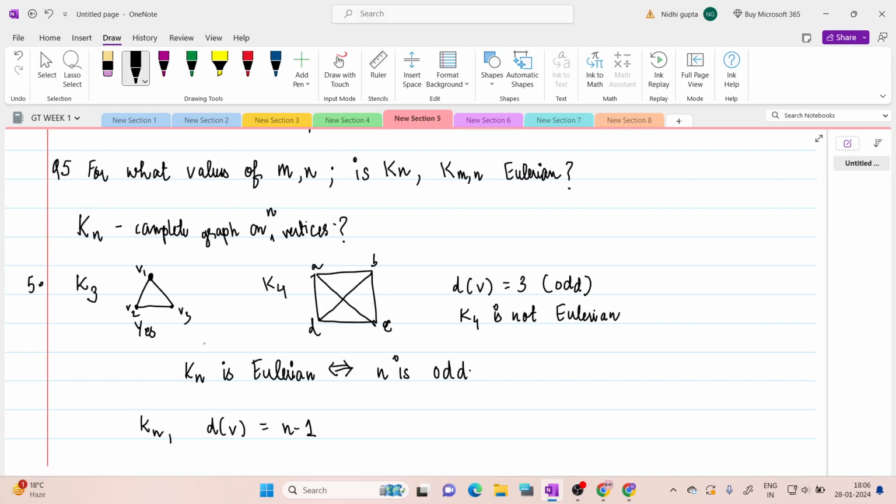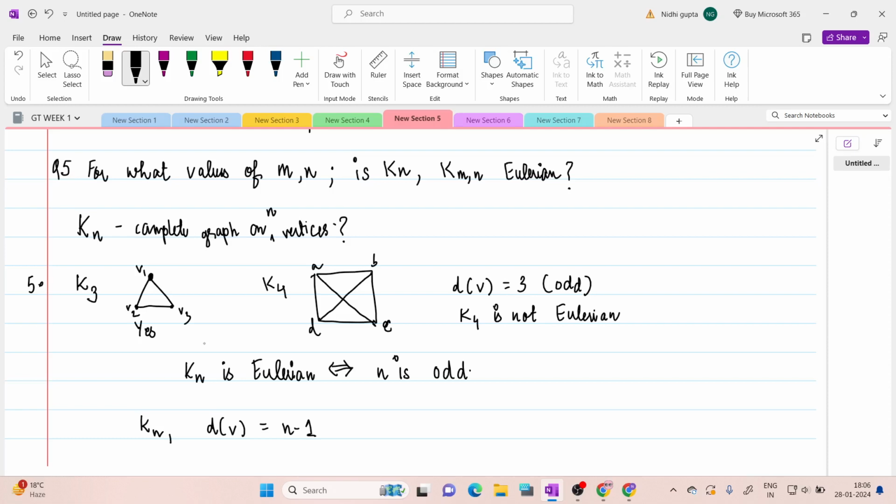What is the definition of a complete graph? A complete graph says that any vertex is adjacent to every other vertex. So if we have n vertices and a vertex v, it will be attached to all other vertices. So what will be the degree of each vertex? N minus 1.